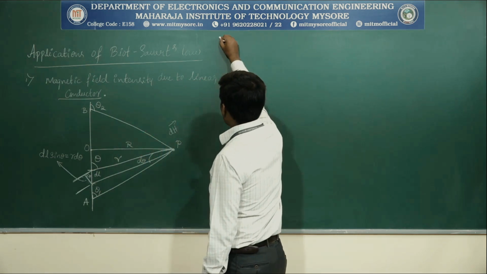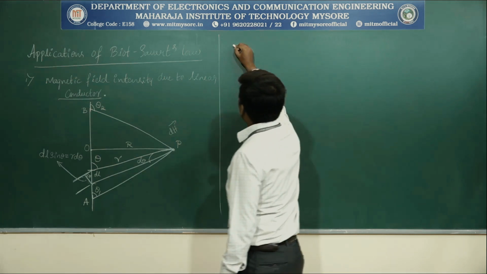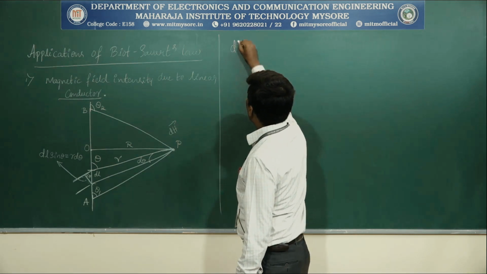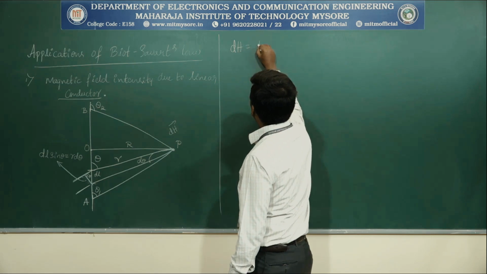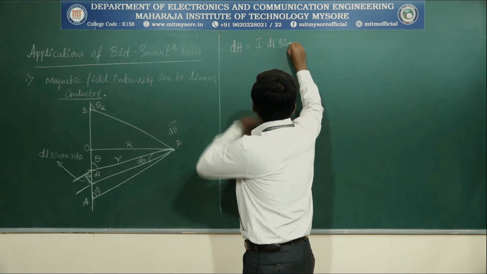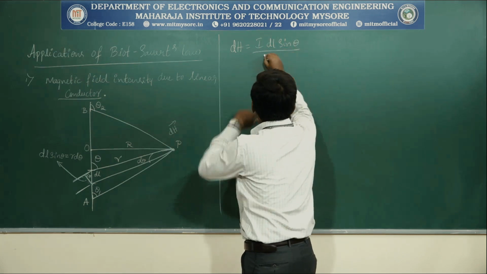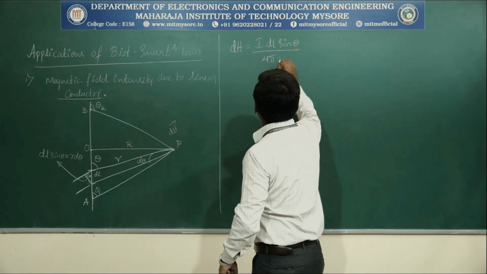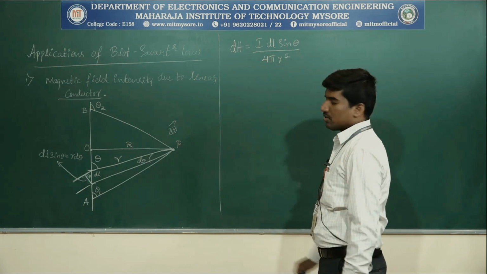Okay. Now consider the magnitude of Biot Savart's law. dH is equal to I into dl into sin theta divided by 4 pi r square. This is the magnitude of Biot Savart's law.